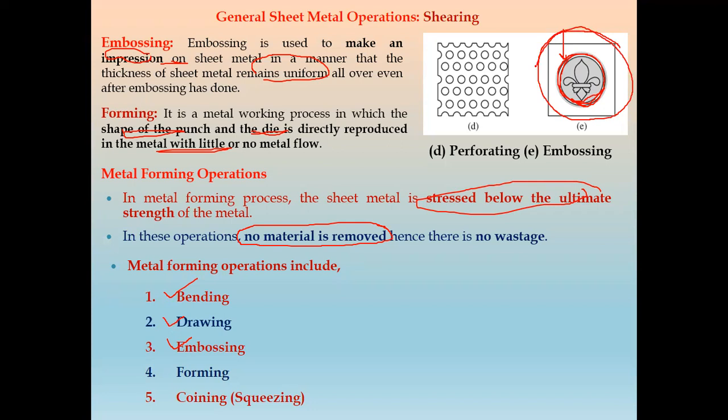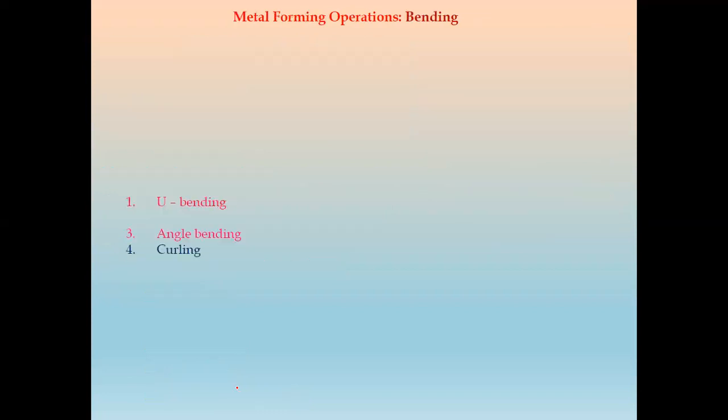That is called an embossing operation, and again there is no scrap part. This embossing operation can be in sheet metal cutting as well as in metal forming. Next we have forming, and the last operation is coining or sketching. We'll see these operations one by one.